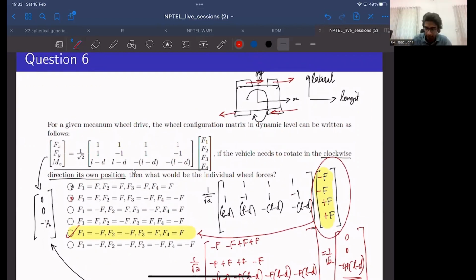Yeah, exactly. Intuition wise, if you want the robot to move in a clockwise sense, as per the correct answer, this is how the forces would look, right?